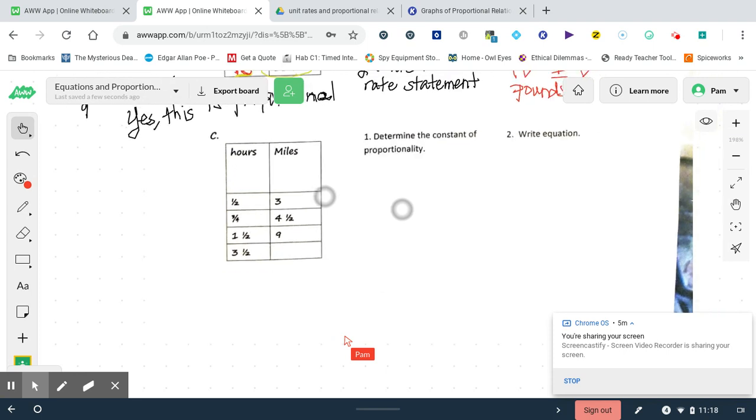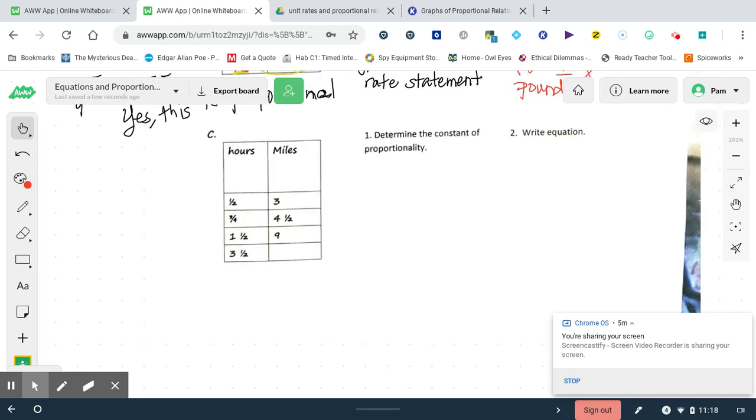All right, let's look at C. We have some fractions, but it's okay. We know how to work with them. All right, so let's work with these fractions. So I have hours, which is a unit of time, so it's x.